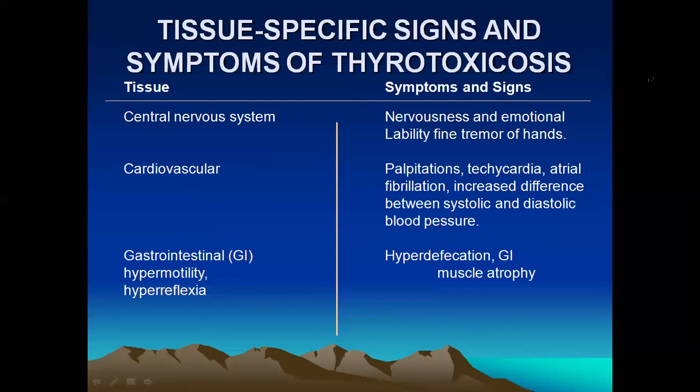Now these are the tissue-specific signs and symptoms. I told you that patients can have symptoms and signs of almost all systems. These symptoms may not be present in every patient, maybe one, maybe two, maybe three. There are certain hints by which you can diagnose thyrotoxicosis. One is that the patient may have increased appetite with loss of weight.